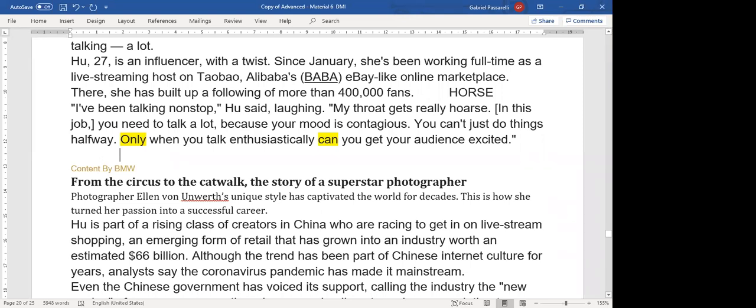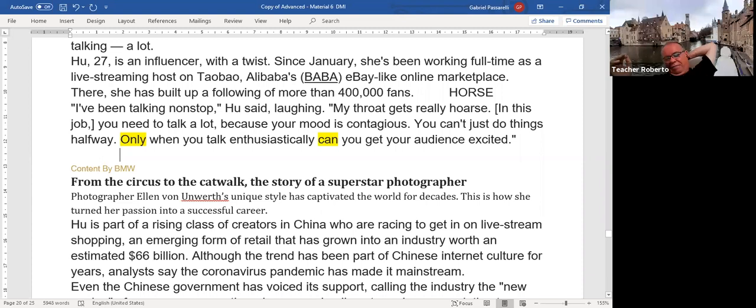Yeah, just one thing, teacher. Billion, we don't use it uncountable, right? We don't say billions. It is possible, but not when you talk like this. It's an estimated 66 billion market, okay? Because probably you're referring to an industry, a market.